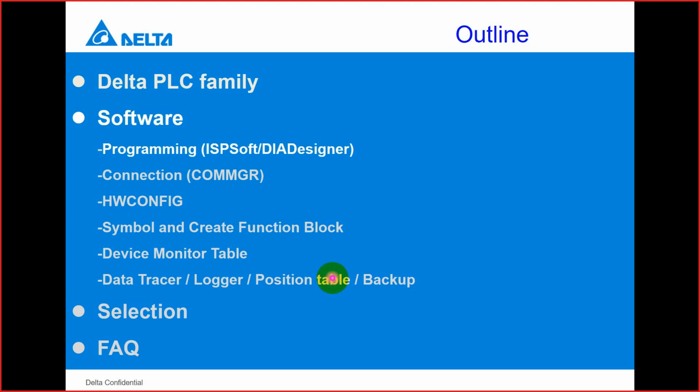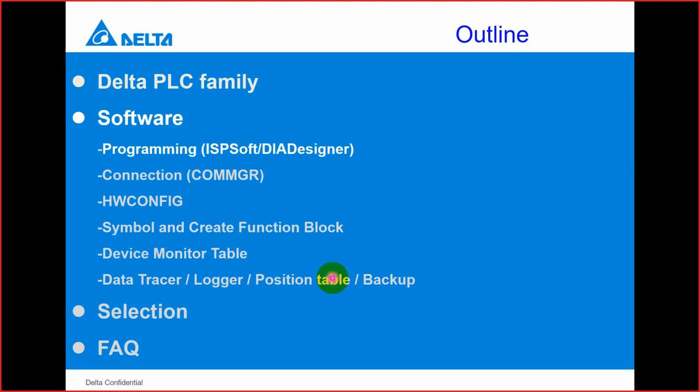But for programming, we can use WPLSoft and we can use ISPSoft. So anyway, we have too many software. We also got a lot of feedback from customers that too many software makes the customer confused.